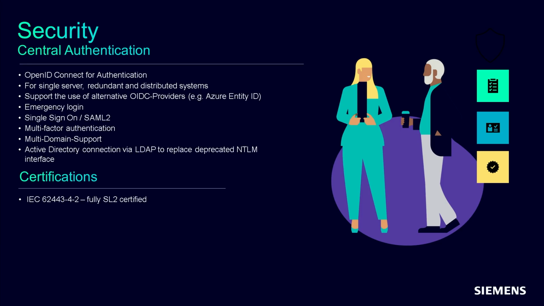This gives you the possibility to directly interface to Entra ID, which is the extension of Active Directory for Microsoft, or we will interface with Keycloak as an open source variant, and we will also provide an internal small OpenID provider as fallback for a fallback scenario if your external OpenID providers are not available at the moment. And also from security point of view, we managed the certification regarding the IEC 62443-4-2 security level 2 by 100%.